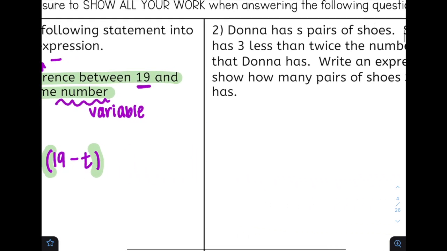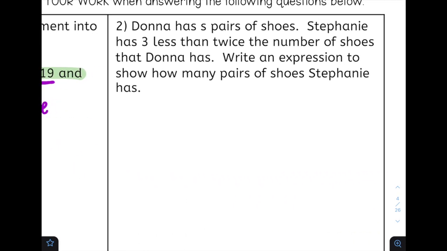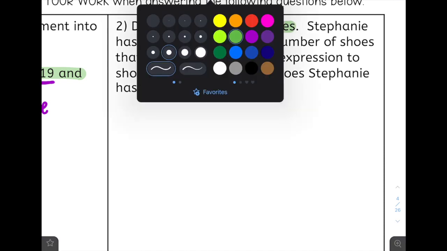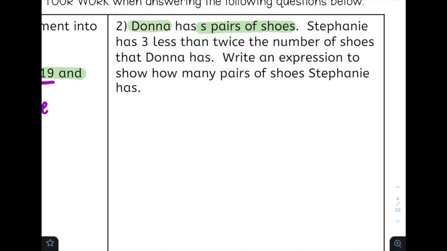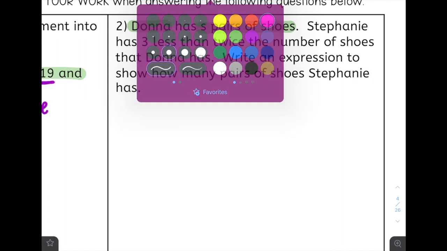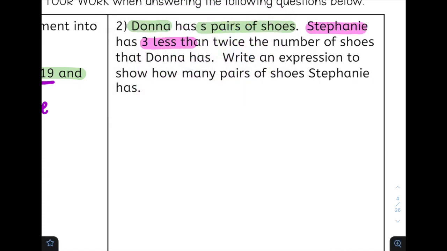Okay, let's move on. Now here, Donna has S pair of shoes. Stephanie has 3 less than twice the number of shoes that Donna has. So here we're given the variable. We have S pair of shoes. We have Donna, who has those S pair of shoes, and then Stephanie, who has 3 less than twice that number of shoes.